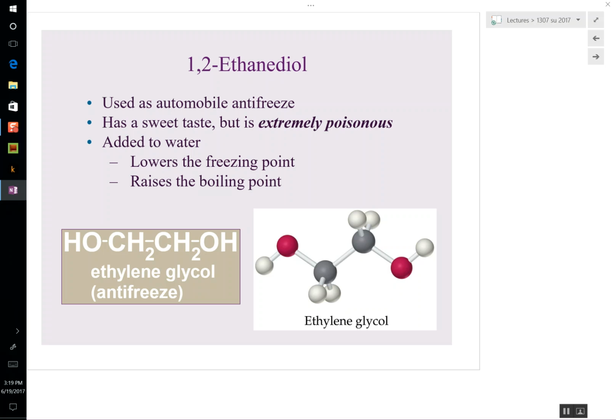A diol, just like we would say a diene, a diol. This is antifreeze in your radiator, about 50% this and 50% water. It lowers the freezing point and raises the boiling point.